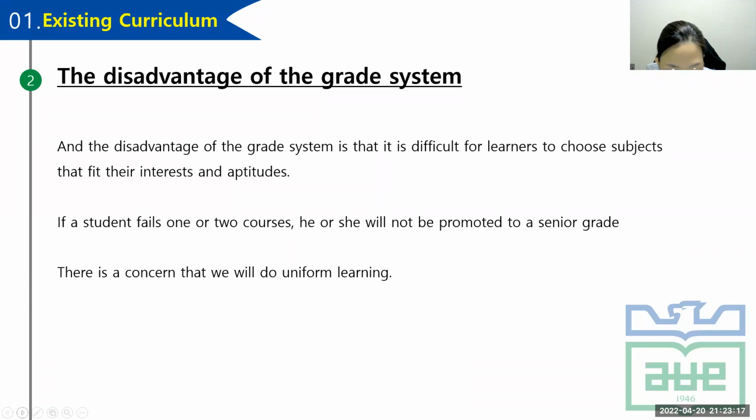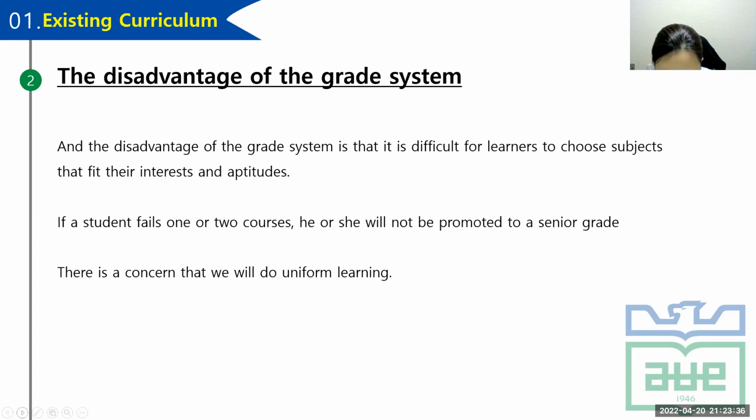At this moment, the disadvantages of the grade system. The disadvantage of the grade system is that it is difficult for learners to choose a subject that fits their interest and aptitude.